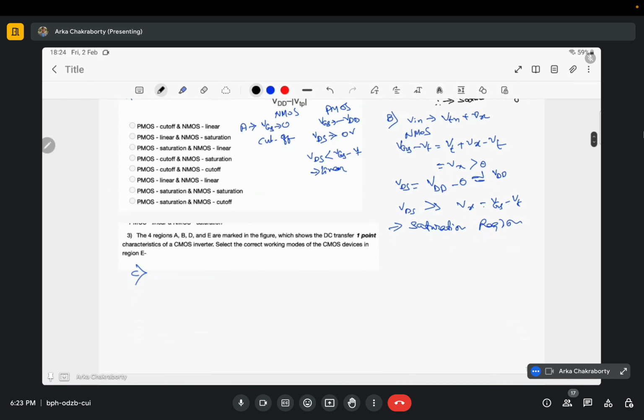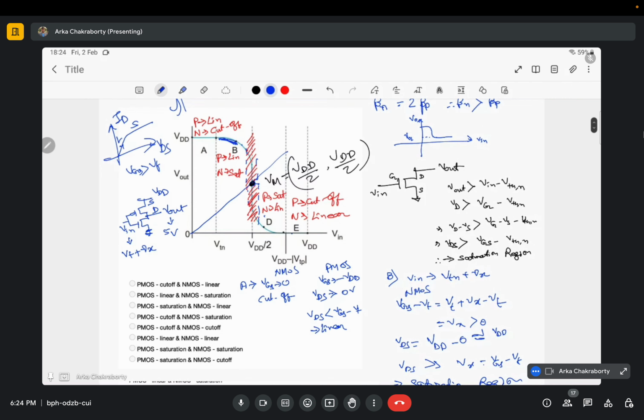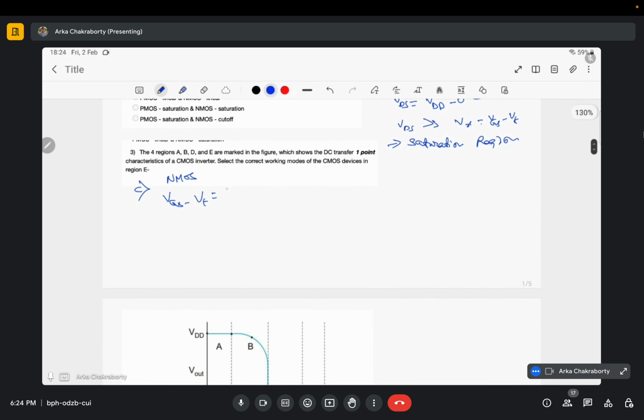So for region C, for NMOS, my VGS minus VT would be equal to, here you can see my gate voltage is VDD by 2 and my output is also VDD by 2, source is 0, and minus VT. My VDS would be VDD by 2 minus 0 because source is 0.